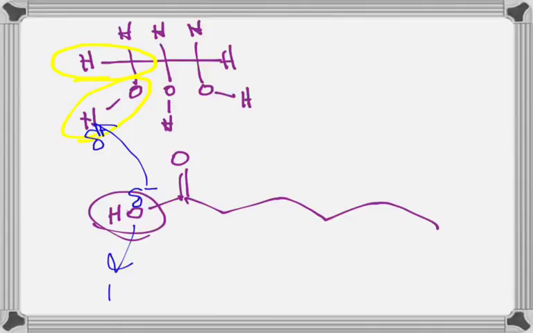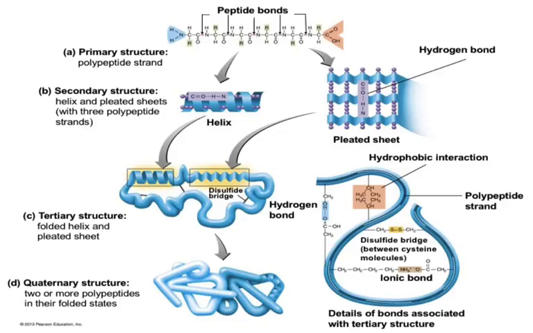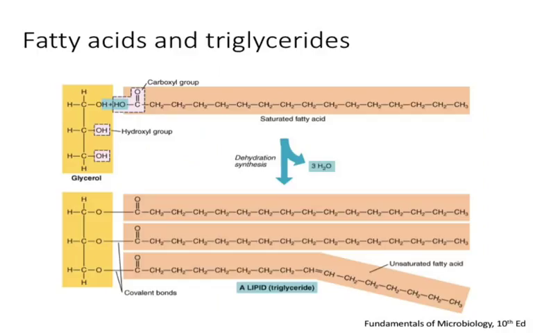That falls out of solution, and I'll just go ahead to the slides. You're left with something like this, where you've got the remainder of this glycerol molecule. Note there's an oxygen remaining from that glycerol, bound to the remainder of that carboxyl group from the fatty acid.